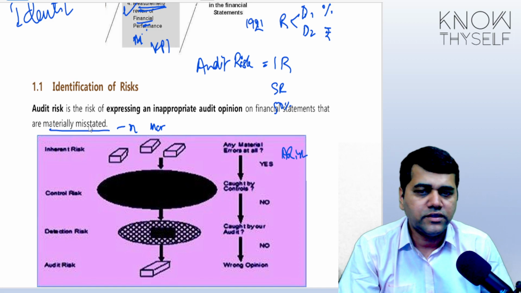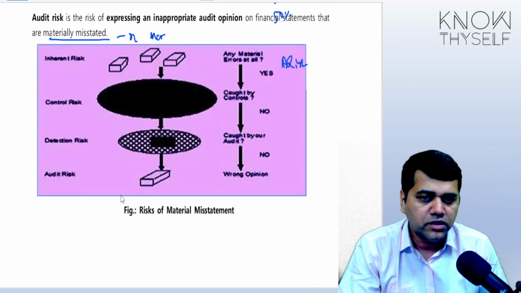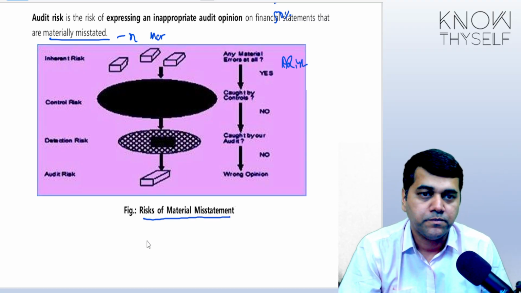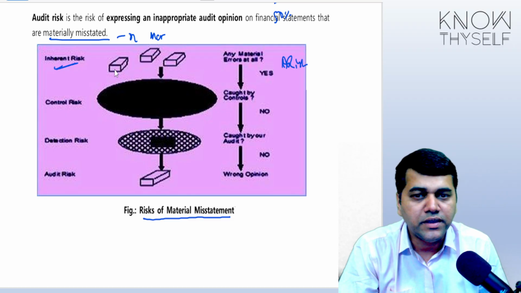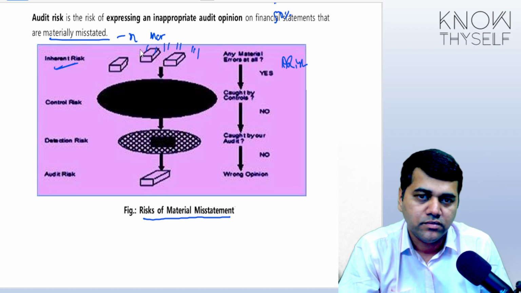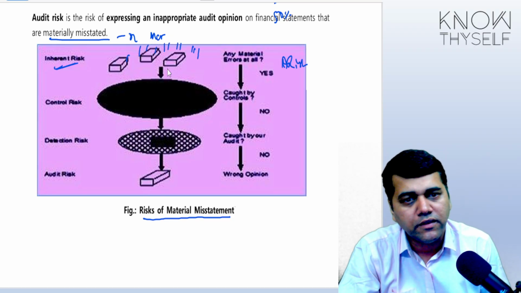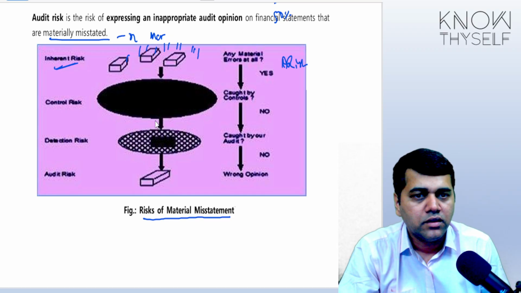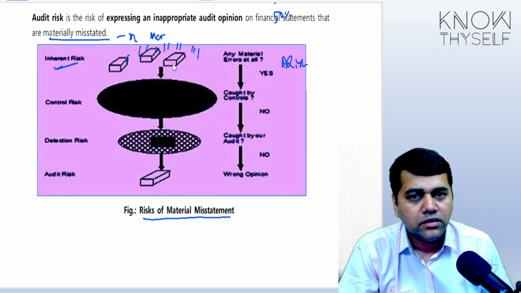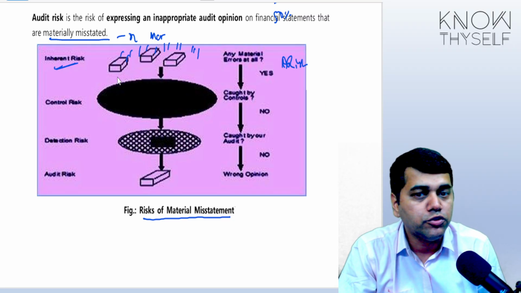Now, audit risk is the, okay, they have given you a picture and they try to explain the concept of risk of material misstatement. The inherent risk is something like falling stones or falling rainwater. I will consider, okay, instead of stone, I will consider it as rainwater. Now, what are you going to do, students?